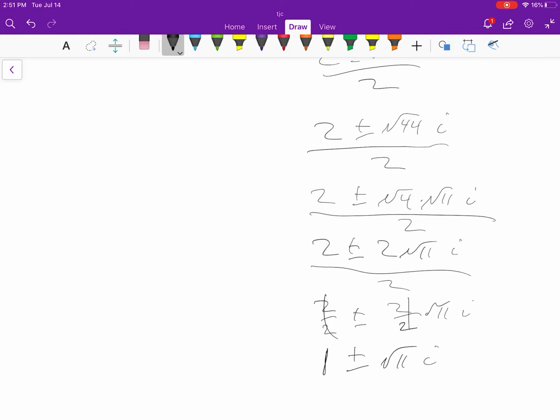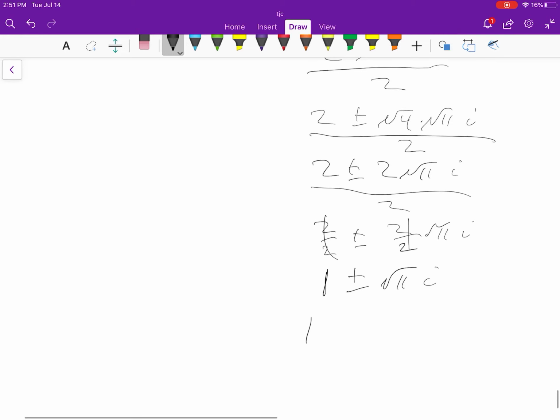And then at this point, we've done as much simplification as we can. And here we end up with two imaginary or complex solutions. Okay. So we've gotten examples where you end up with two reals and then two imaginary.